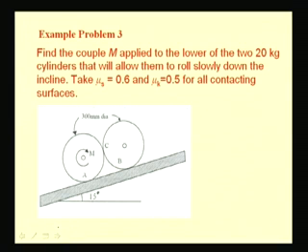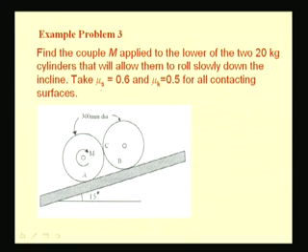Let us consider another example. Here you see two cylindrical rollers, each weighing 20 kg, kept on an incline whose inclination is 15 degrees. Their diameters are given as 300 mm.